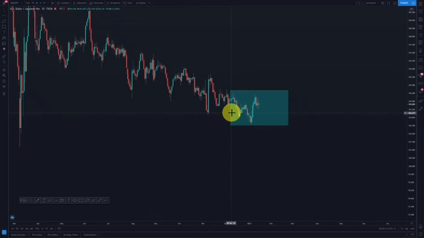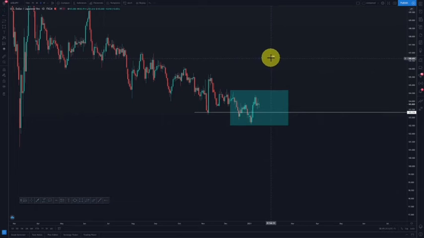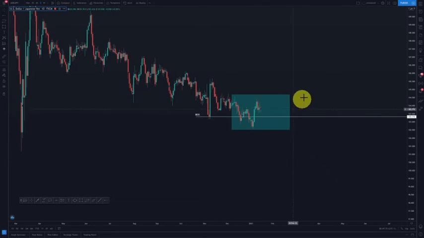So the market over here broke structure. There's a break of structure. So guys, this is a break of structure. The market broke the structure, and the market now is going up to give us an entry so that we can sell.